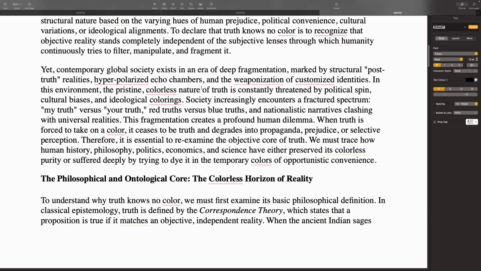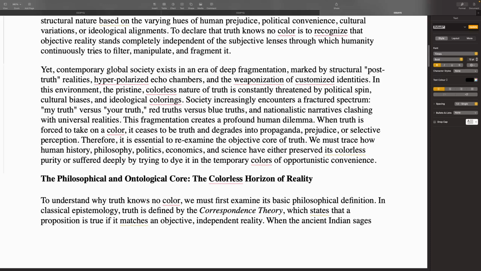This fragmentation creates a profound human dilemma. When truth is forced to take on a color, it ceases to be truth and degrades into propaganda, prejudice, or selective perception. Therefore, it is essential to re-examine the objective core of truth. We must trace how human history, philosophy, politics, economics, and science have either preserved its colorless purity or suffered deeply by trying to dye it in the temporary colors of opportunistic convenience.